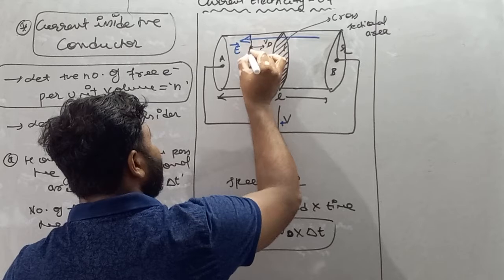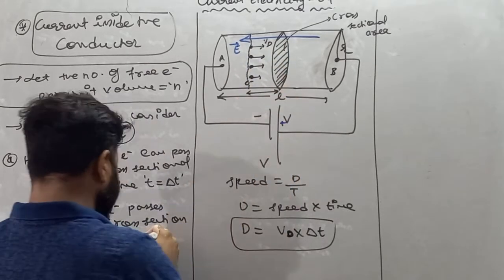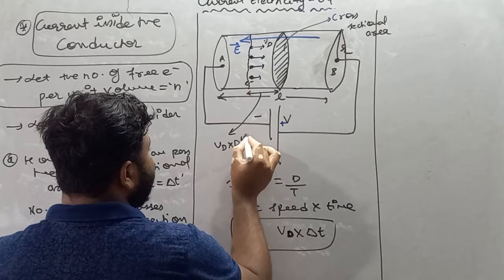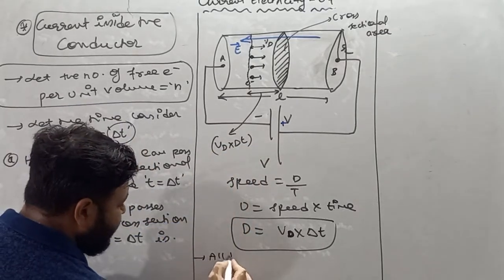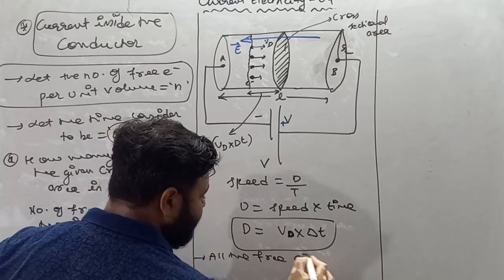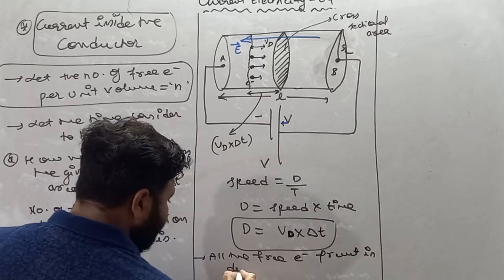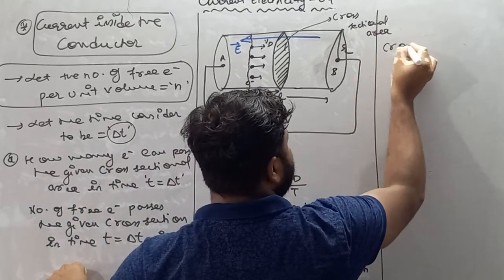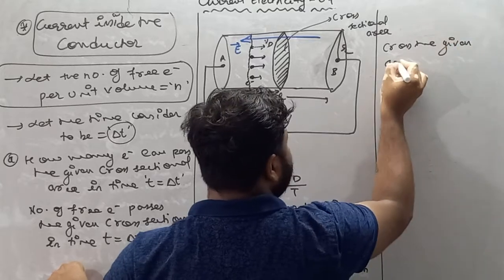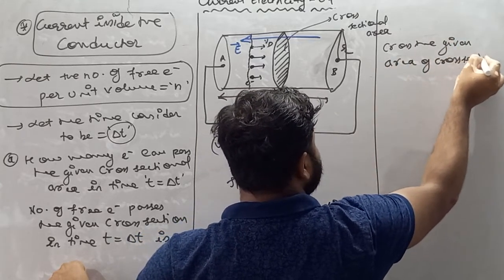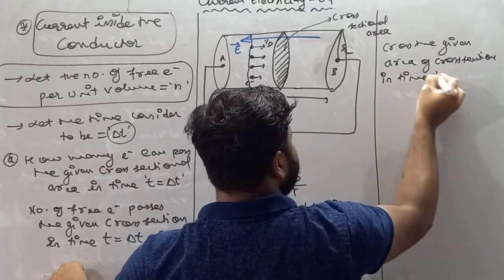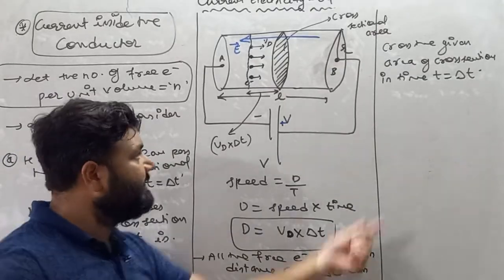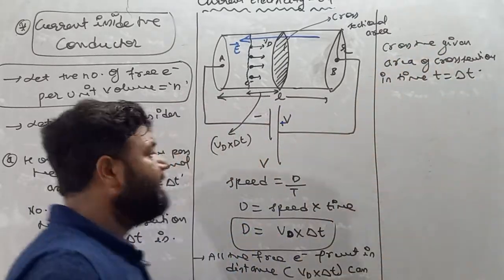So I'll say all the free electrons present in distance Vd into delta t can cross the given area of cross section in time t equals delta t.